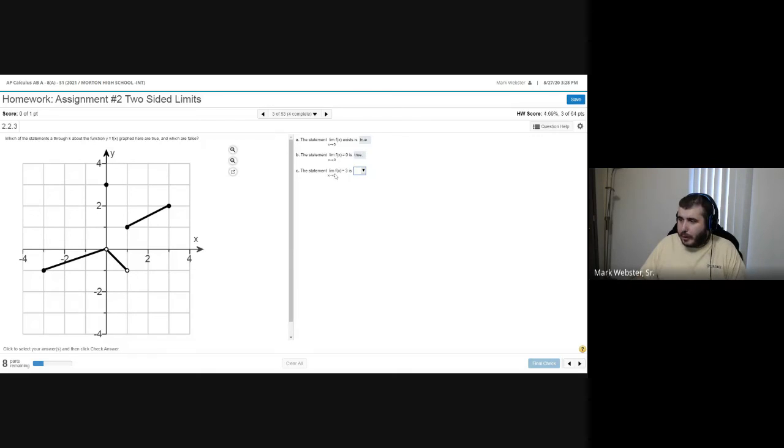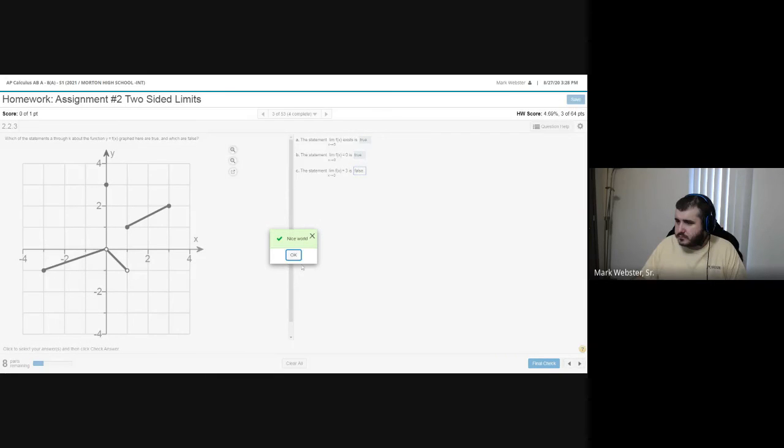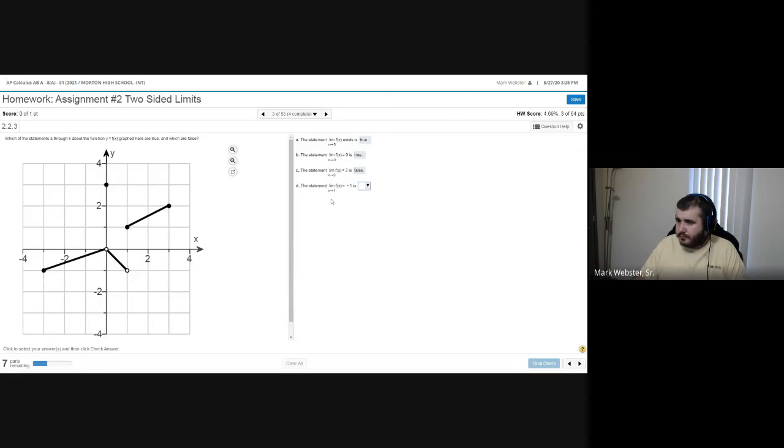The statement, limit as x goes to 0 of f of x equals 3. Well, when we go here, do they go to 3? No. So false. At 1, is the limit -1? Do both hands go to -1?